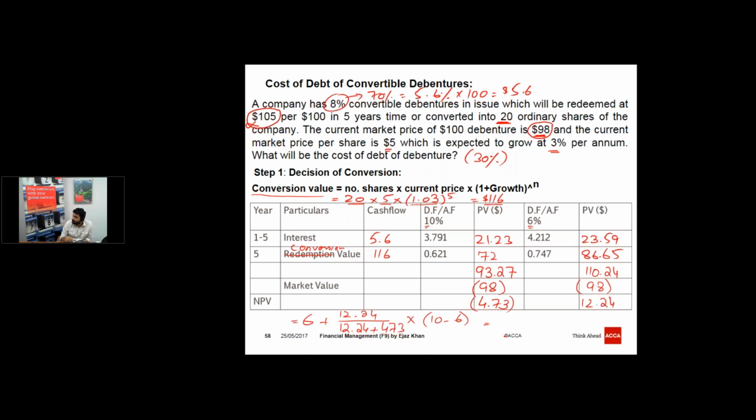So what's the final answer? So it's 8.89%. That's the cost of debt.